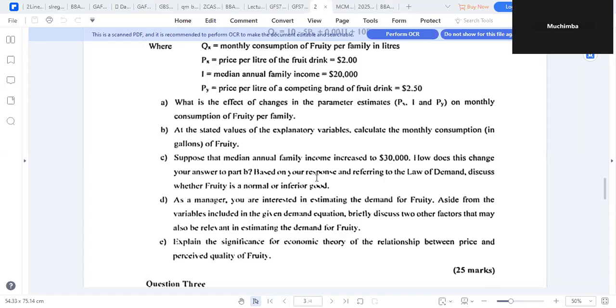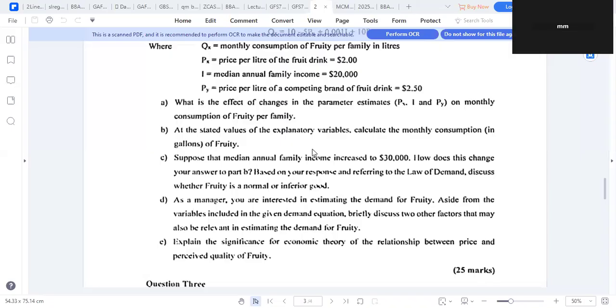Then we can tell what type of good this is. We can say that it is an inferior good if there was a decrease in the quantity. Remember our initial was 45 liters. Let's see if we put the 30,000 here, whether it will decrease from 45 liters or it will increase.